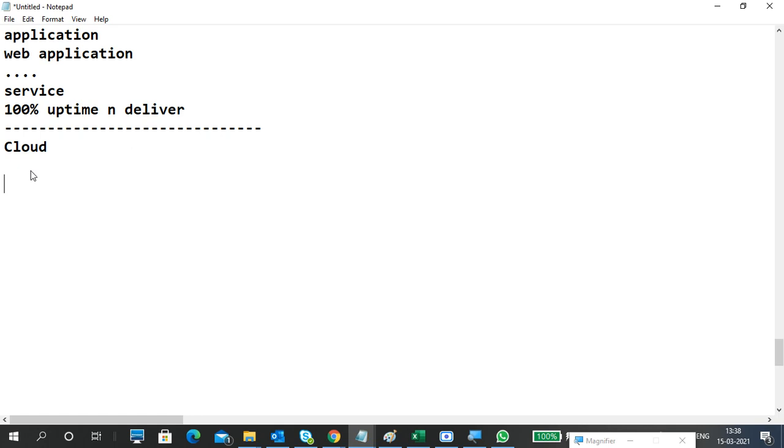For example, Microsoft has cloud infrastructure, meaning data centers, virtualization platforms, servers, licenses, firewalls, AC system, power supply system, everything maintained by them only. You only have to access through the network from anywhere to use the cloud service.